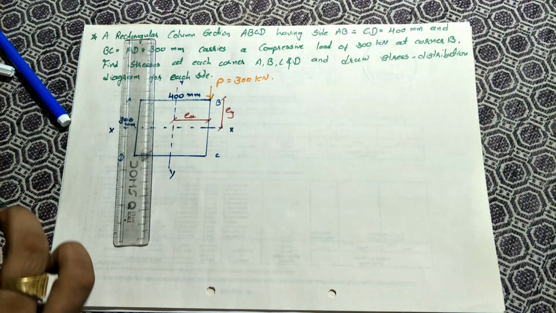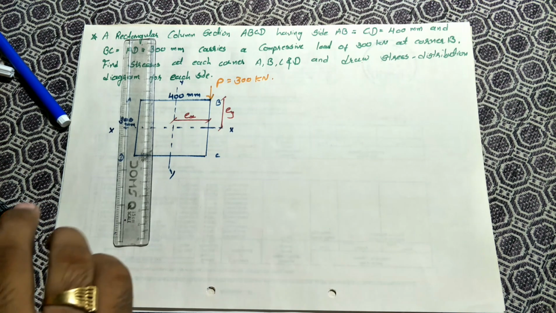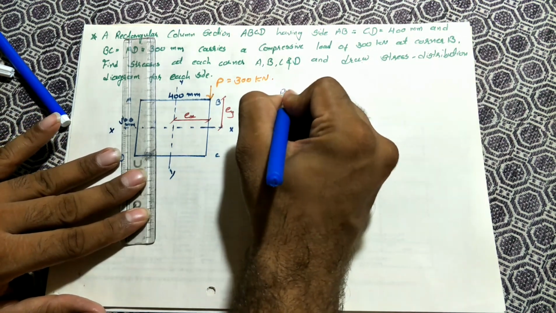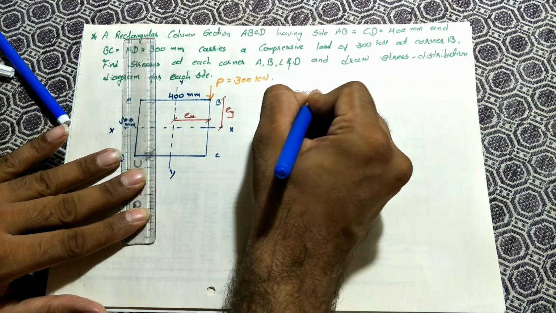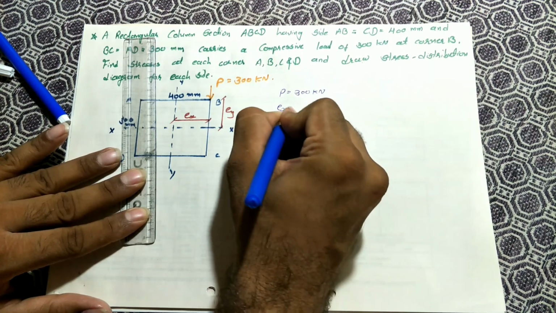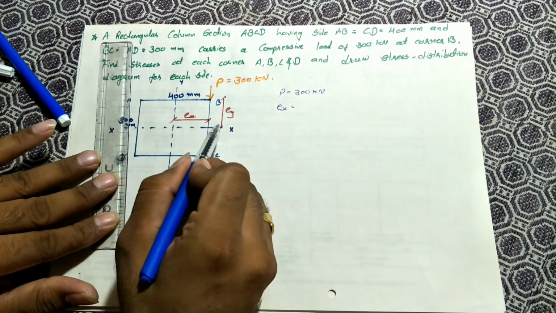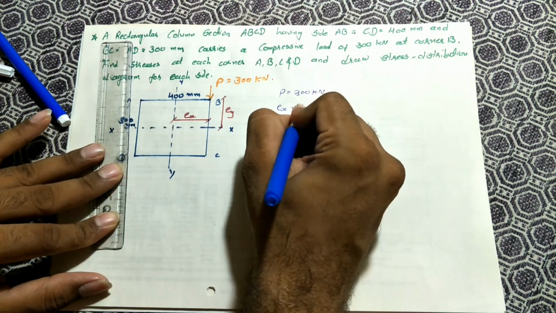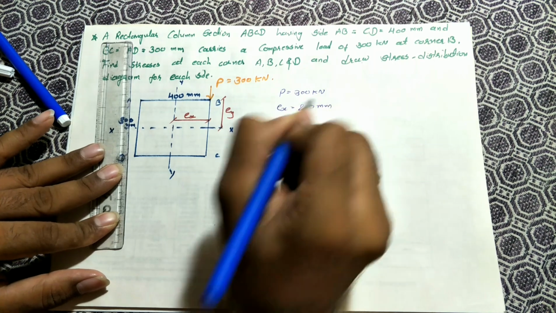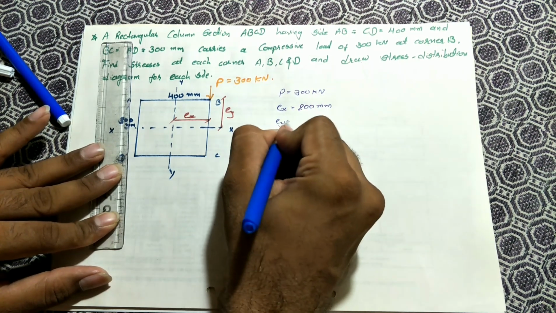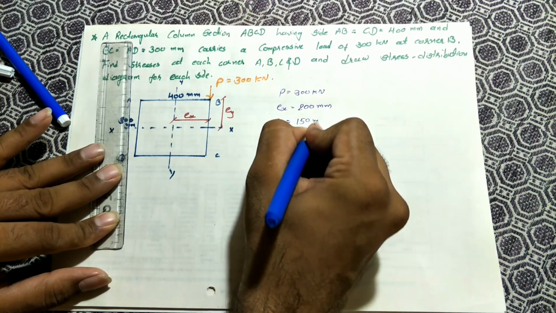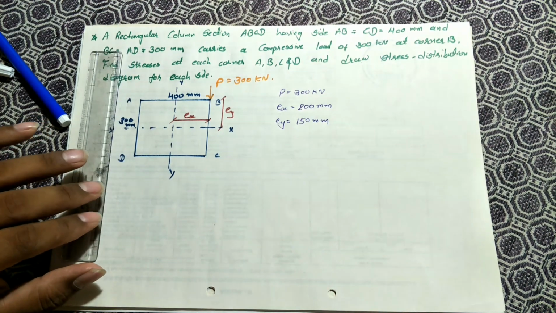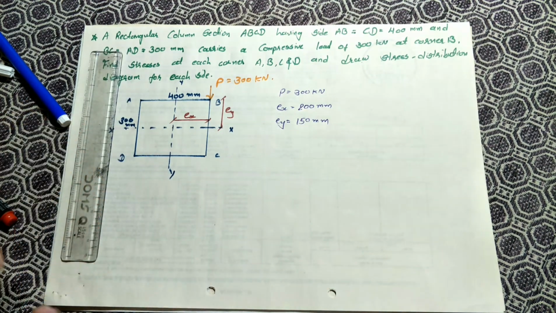So you can write that P equals 300 kilonewton, and EX equals, from the center to here, half of 400, that is 200 mm, and EY is 150 mm. See, this is a question related to your column.